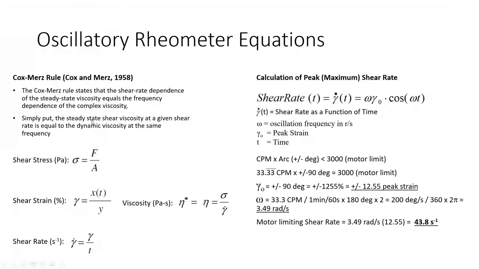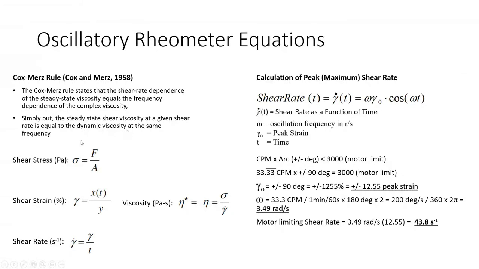Or more simply put, in fact, I read that to myself 15 times last night and didn't understand it. So if you don't understand it, we're brothers. Simply put, the steady state shear viscosity at a given shear rate is equal to the dynamic viscosity at the same frequency. Now that gets me to a better understanding.